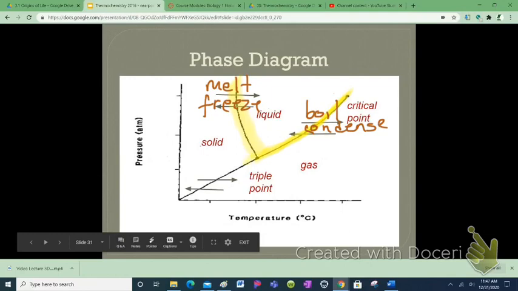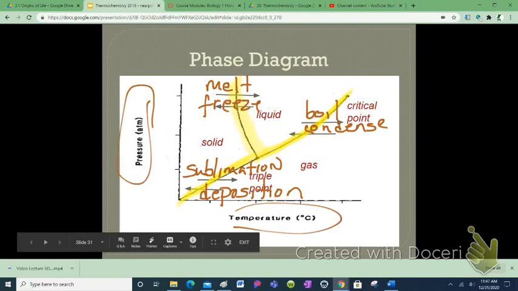And along what we call the tail of the Y, we have sublimation from the solid to gas, and we have deposition from the gas back to the solid. So if you got all those right, you now know how to label this, okay? Now all I got to do is practice how to use the pressure and the temperature to determine what's going on.